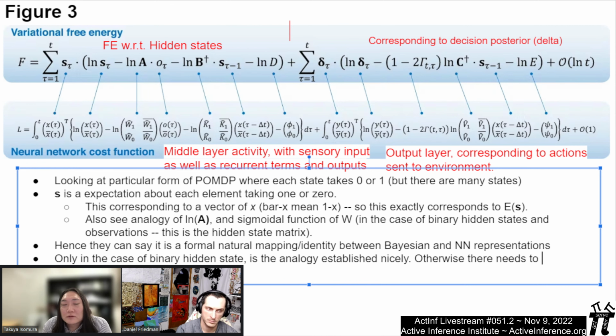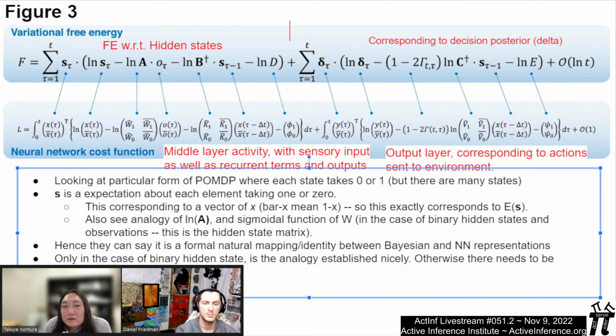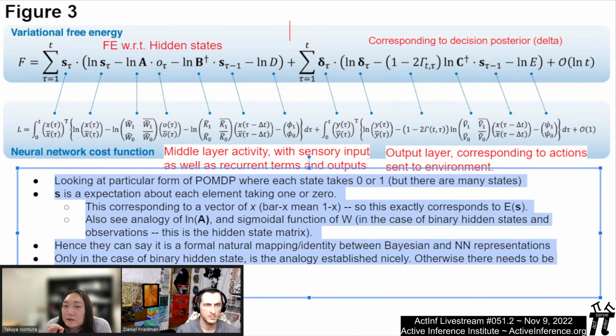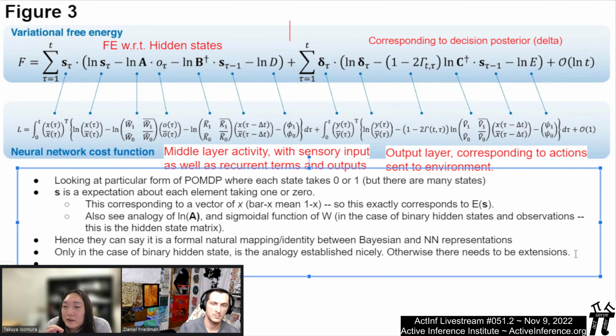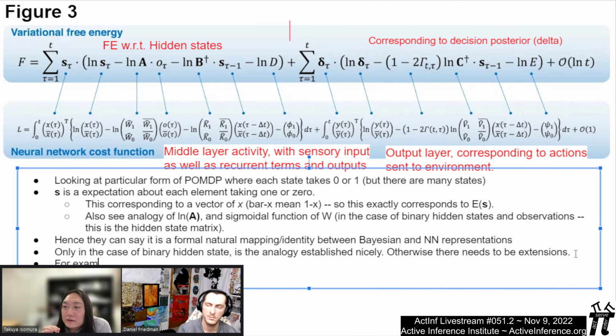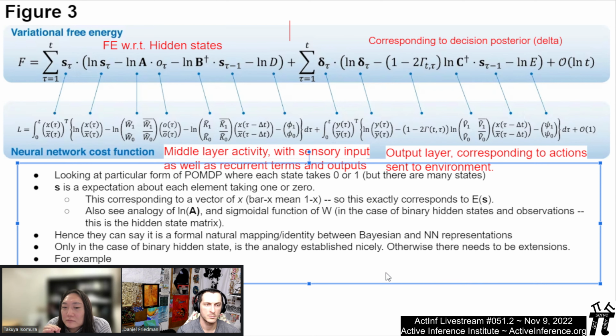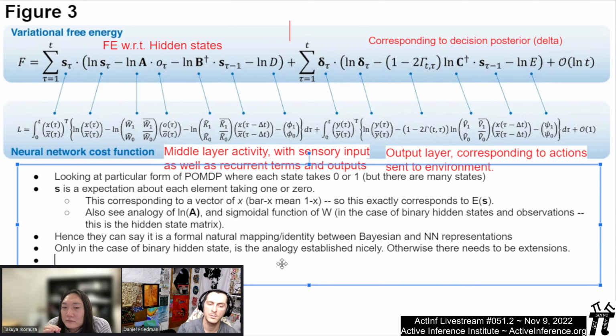Because we consider that each neuron encodes the probability or expectation of some value taking 1, the probability or expectation of taking 0 can be simply computed as 1 minus neural activity. So neural activity, which is a single dimensional variable, is sufficient to express the expectation, right?